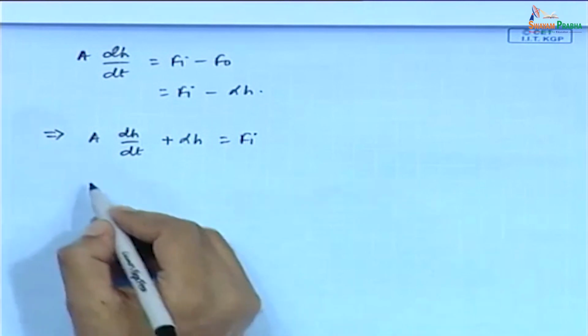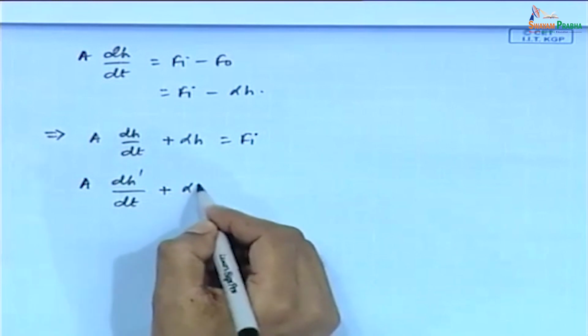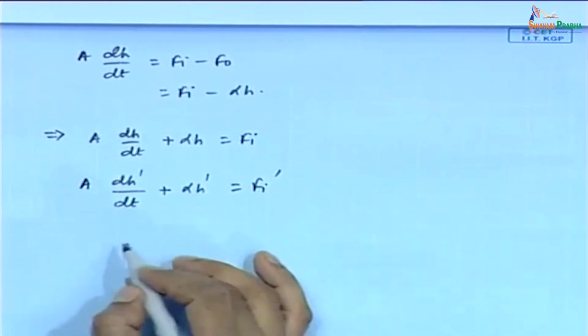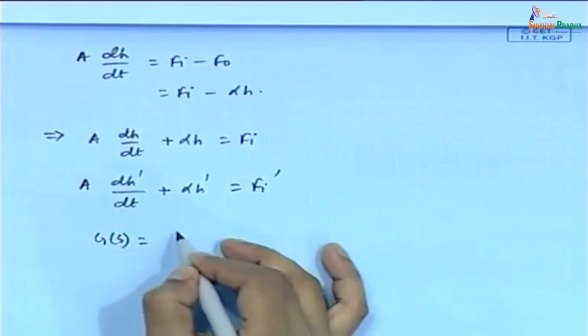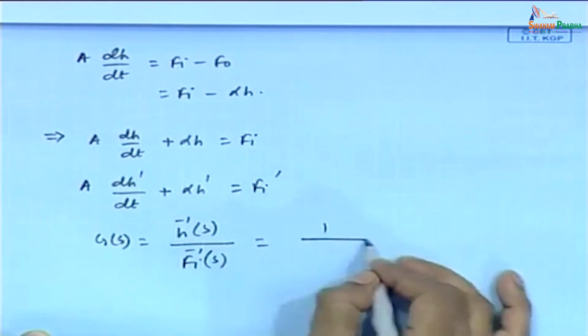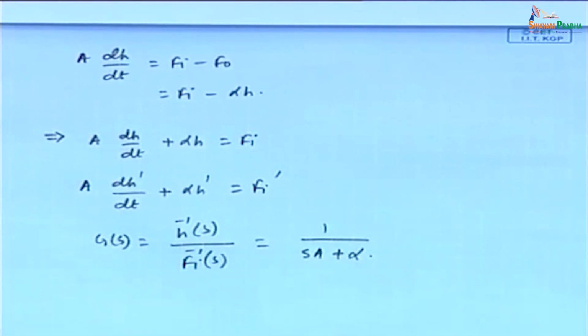If we write in terms of deviation variables, we will get A dh' dt plus alpha h' equals f I'. Fine. So, what will be the transfer function for this? H bar prime s divided by f I bar prime s equal to 1 divided by A s plus alpha.